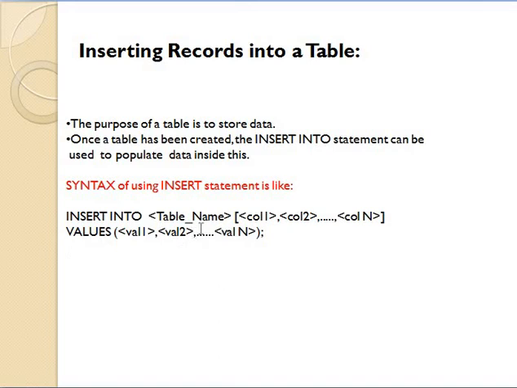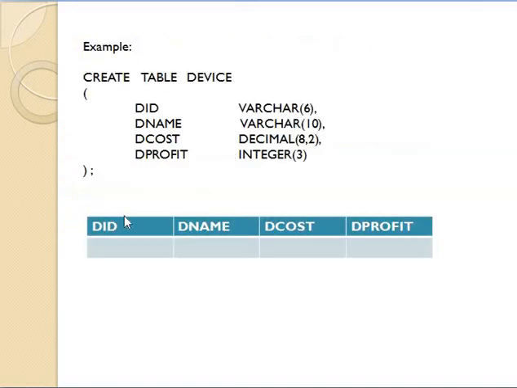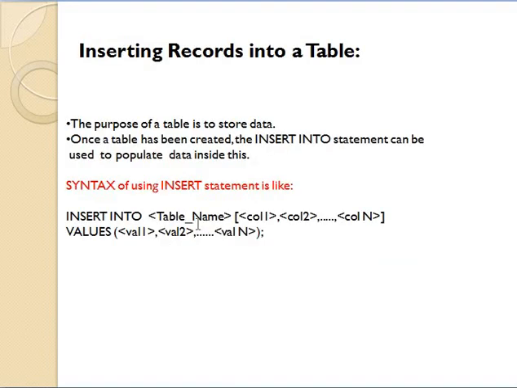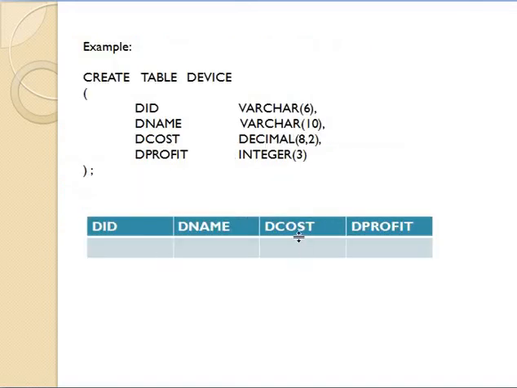And in the same way, since this table has only two more columns, there will be two more values, that is val3 and val4. val3 will be shown here under the dcost column, and val4 will be shown here under the dprofit column.